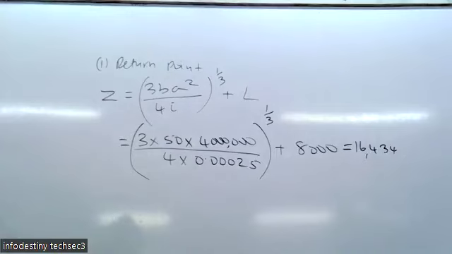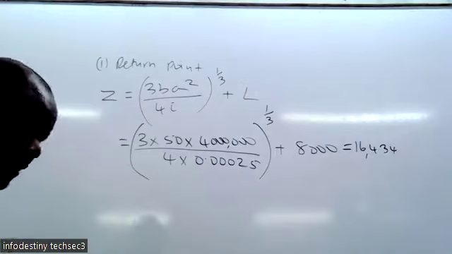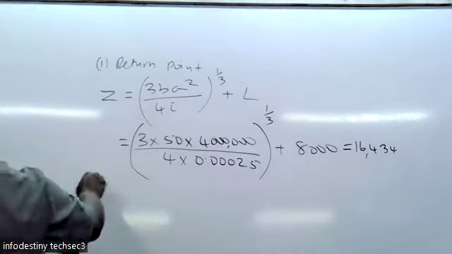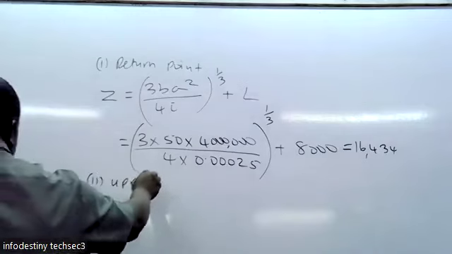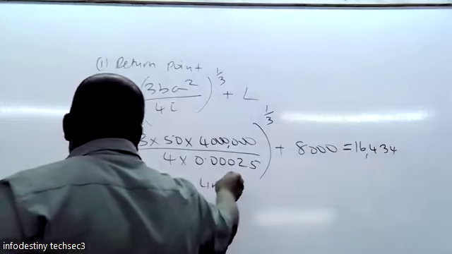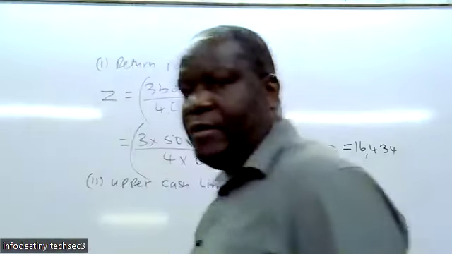So apart from that, now we go to the Roman letter 2, the upper cash limit.